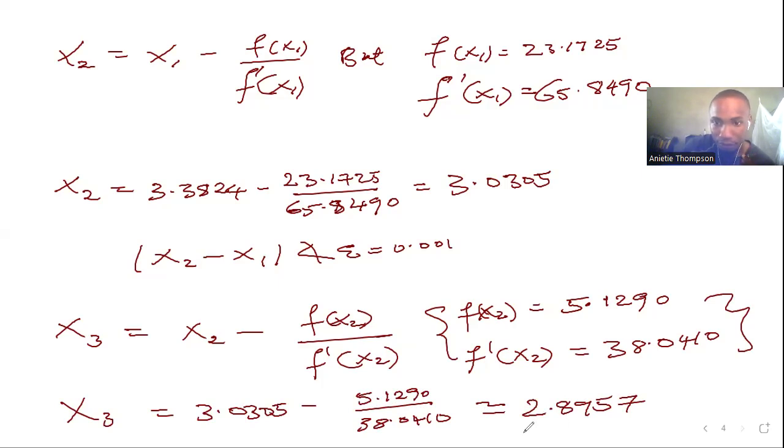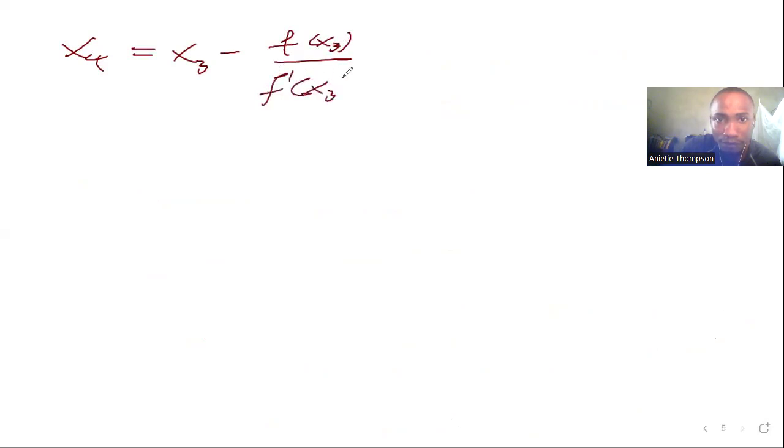If you also check, the absolute value of xn plus 1 minus xn is still not less than my epsilon value. So I will continue my iteration to x4. x4 will be equal to x3 minus f of x3 all over f prime of x3.